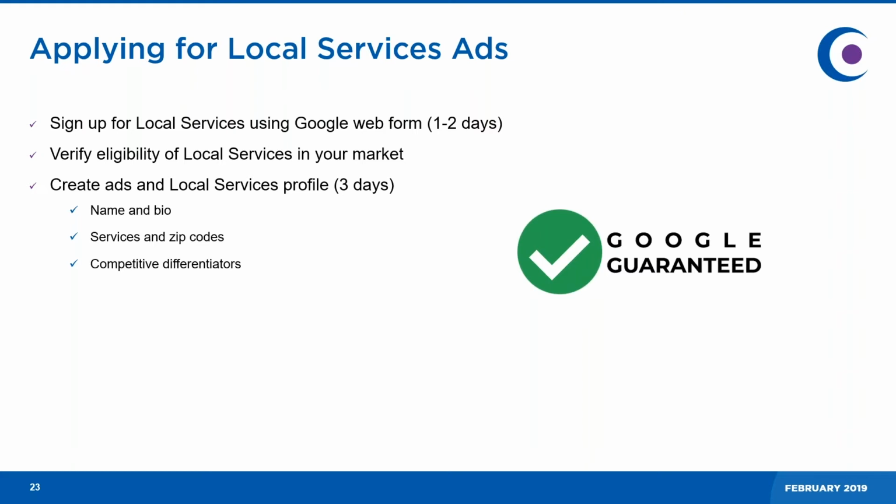So everything from your company name and a short bio about your company to the services you want to advertise for and the areas you want to advertise them in, as well as various competitive differentiators that Google offers. Now, unlike Google pay-per-click ads, through local services ads, there's a predetermined set of differentiators that Google provides that you're able to select yes or no on in order to leverage within your profile.